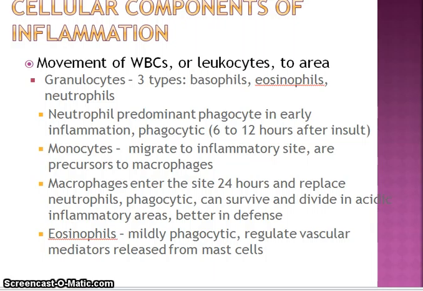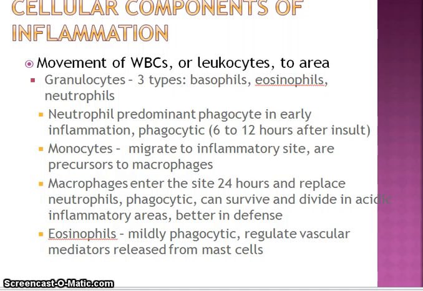So one of the jobs of inflammation is to trigger cellular changes, like white blood cells or leukocytes coming to an area. We have different types of white blood cells. For instance, there are granulocytes, and there are 3 types of granulocytes: basophils, eosinophils, and neutrophils. Neutrophils tend to come in early in inflammation, and they're phagocytic, which means that they're the ones that engulf and break down pathogens.